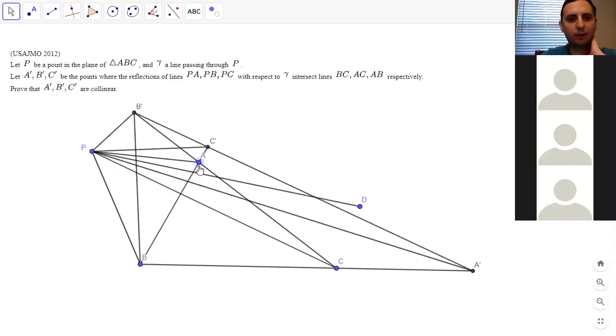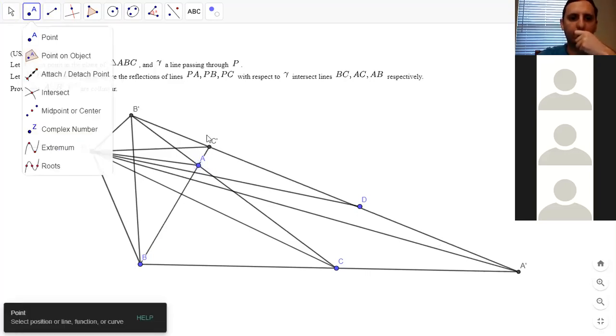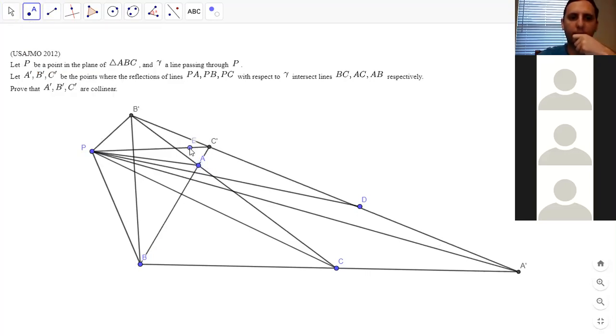So I knew they'd intersect on the line PC prime, but I didn't know they'd have to intersect exactly at C prime. So like, for example, how do we know that they don't intersect at this point, right? You kind of see what I mean? Because whatever point they intersect at, I know it has to be isogonal with C, right? But how do we know it's C prime?